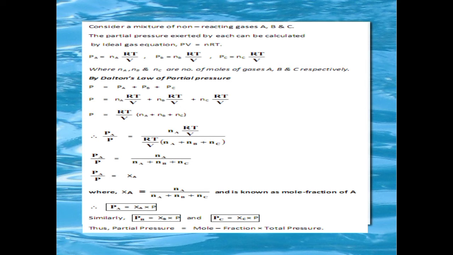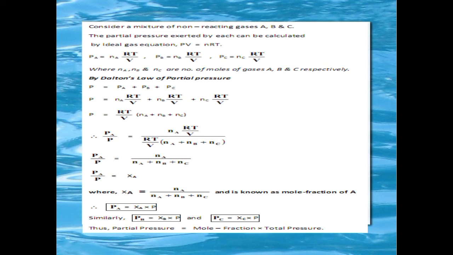If we take air, in air oxygen is there, chlorine is there, carbon dioxide will be there, nitrogen will be there. All have their own pressure in the total pressure. Such pressure we can call partial pressure.